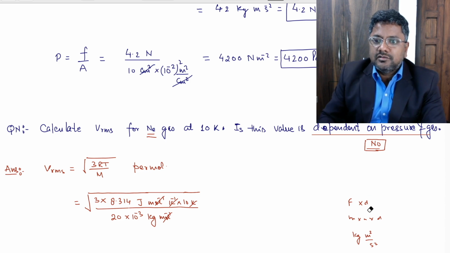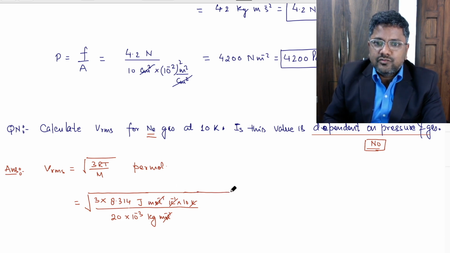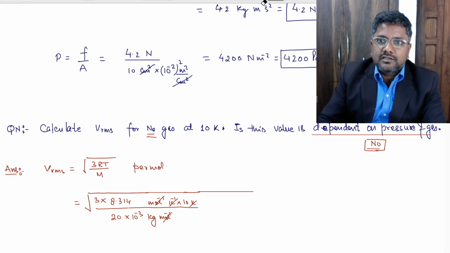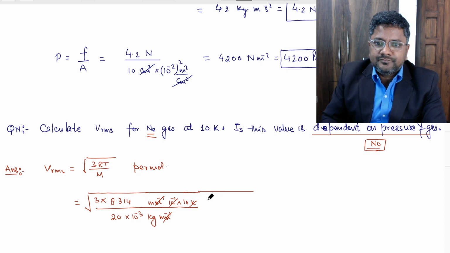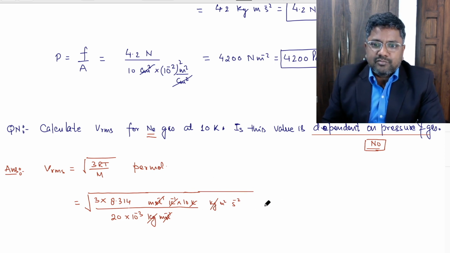So in place of joule we can write kilogram meter square per second square. So this kilogram and kilogram cancel, so you will get the value in meter per second.